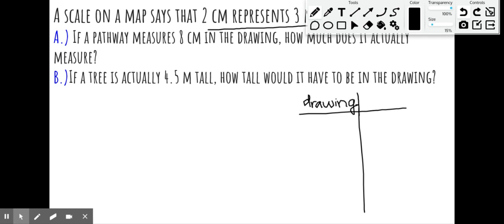Yesterday we said drawing on one side and then actual on the other side. So we're comparing drawing measurements to actual measurements. The scale they give us is that 2 centimeters on the drawing represents 3 meters in real life.